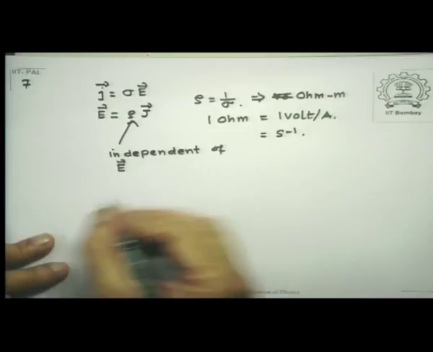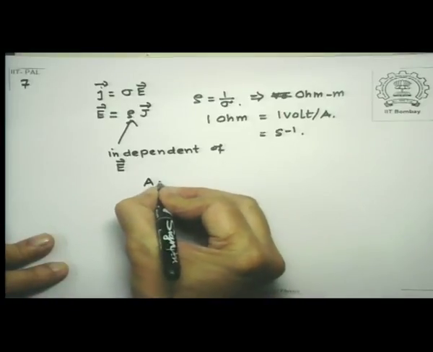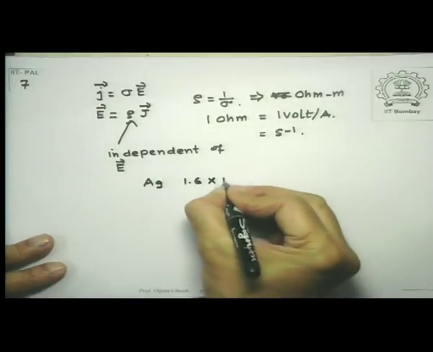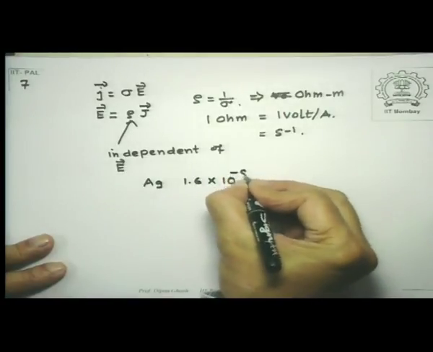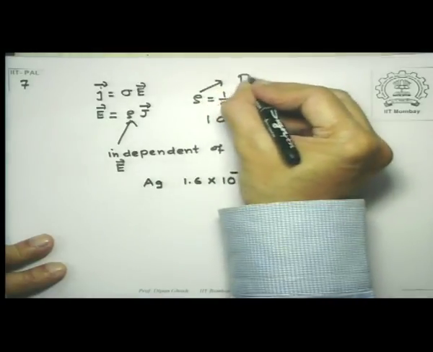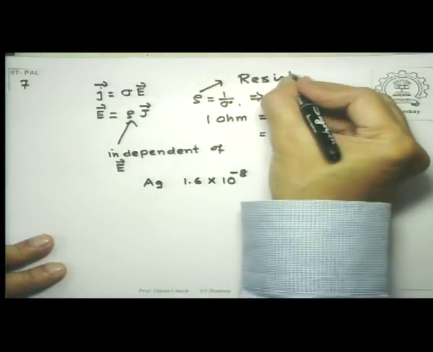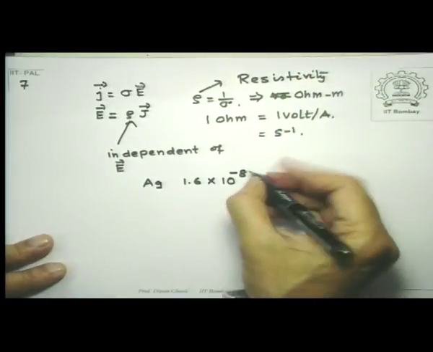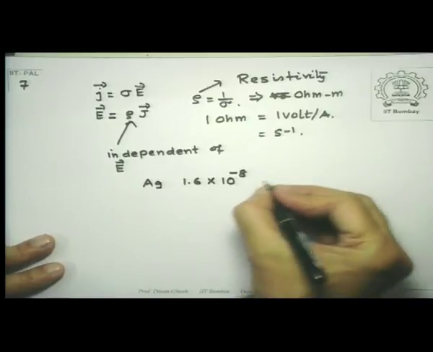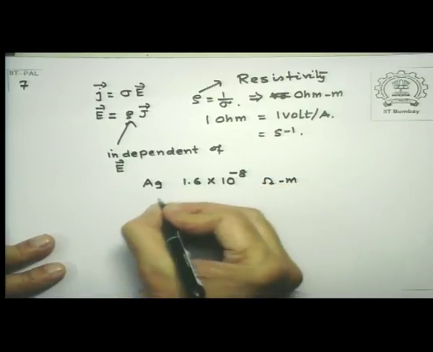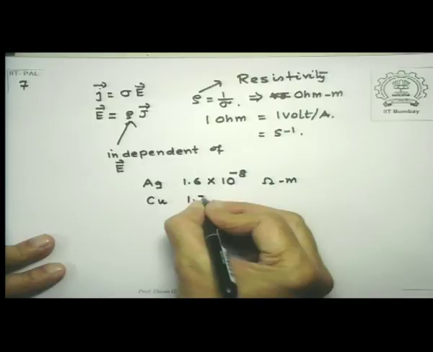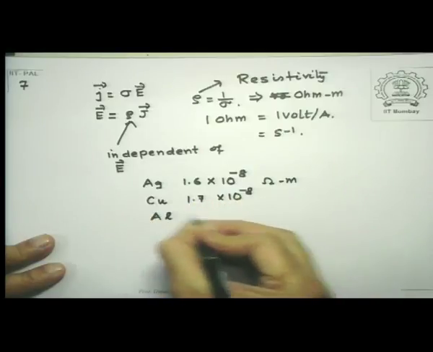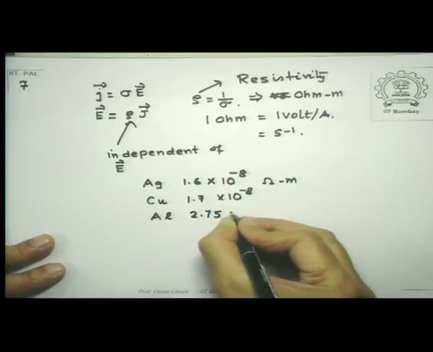So, typical good conductors are, for instance, silver, which has a resistivity of 1.7 times 10 to the power minus 8. The name of rho is resistivity, and this is in ohm meter units. Copper is 1.7 times 10 to the minus 8, aluminum 2.75 times 10 to the minus 8, and so on.